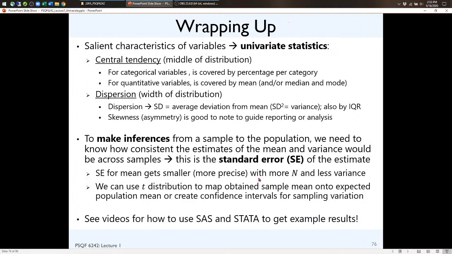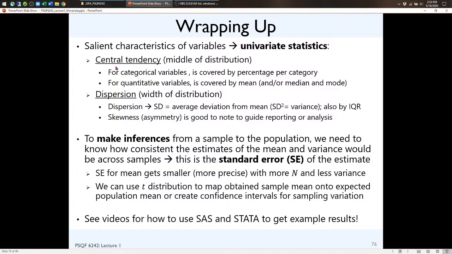Okay, so the big picture, what we talked about: trying to get ways of describing univariate statistics for one variable, central tendency and dispersion, and then talking about how to get standard errors for those statistics. That would then allow us to make extrapolations from our sample to the population.